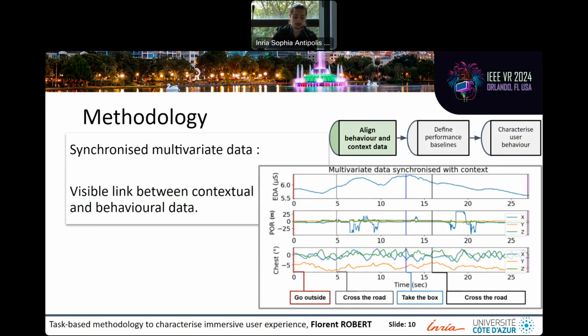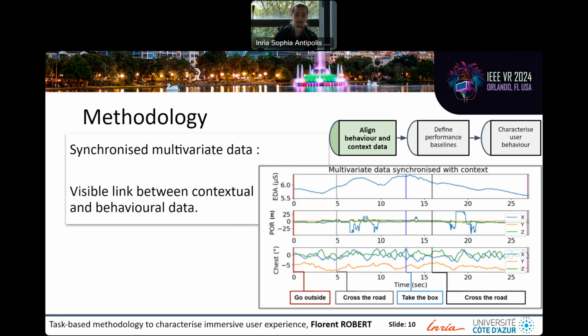The POR is an attentional metric, giving us the point of regard of the user in the environment. And the chest in degrees is just one of the many motion data contained in the body motion data. And all these data are, as you can see, synchronized with the context that you can see at the bottom.